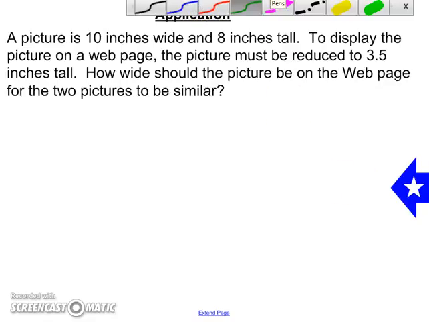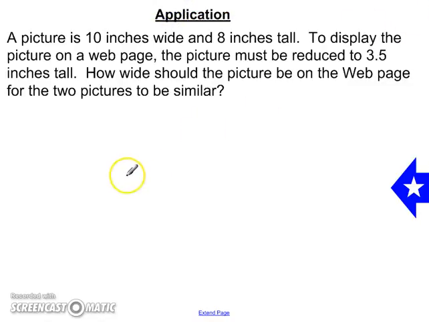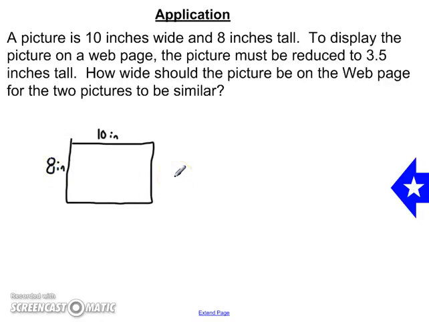One thing you might consider doing is to draw a picture. It doesn't have to be a good picture. We're 10 inches wide and 8 inches tall. That is our original. We're going to reduce it, so we know it's getting smaller, and it's going to end up being 3.5 inches tall.